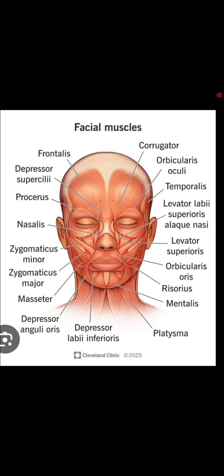Eminence is a protrusion, projection, or prominence. Angulus oris eminence. Angulus equals angle, oris equals mouth. This is the small convex, which means curved like the outside of a sphere, prominence that's lateral to the end of the line of lip closure of the mouth.